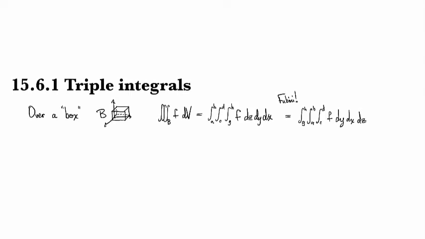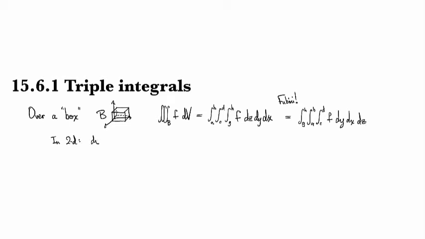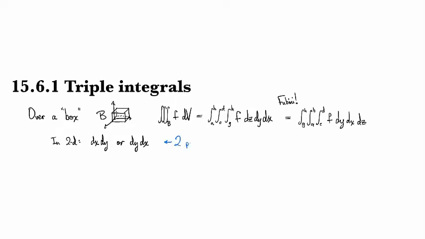Now, the thing to notice is that before, we were just looking at dx, dy, and there's only two possibilities for that, right? So in 2D, you have dx dy, or dy dx. So two possibilities.